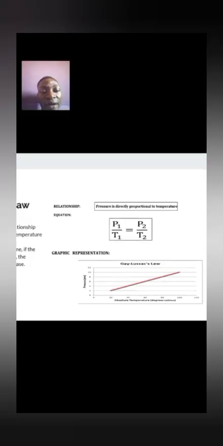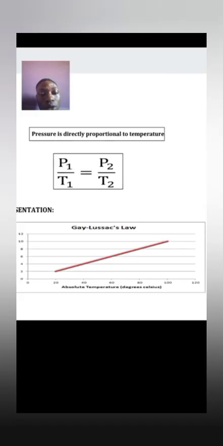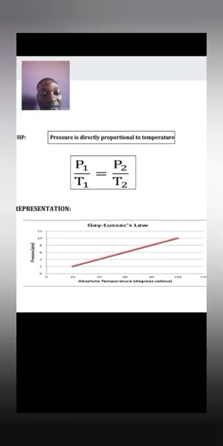Then in the graphical representation here, you see that the pressure, with the unit ATM, that is standard atmospheric pressure, increases, and the absolute temperature, in degrees Celsius, also increases. That means if you increase the pressure of a gas, the temperature will increase.